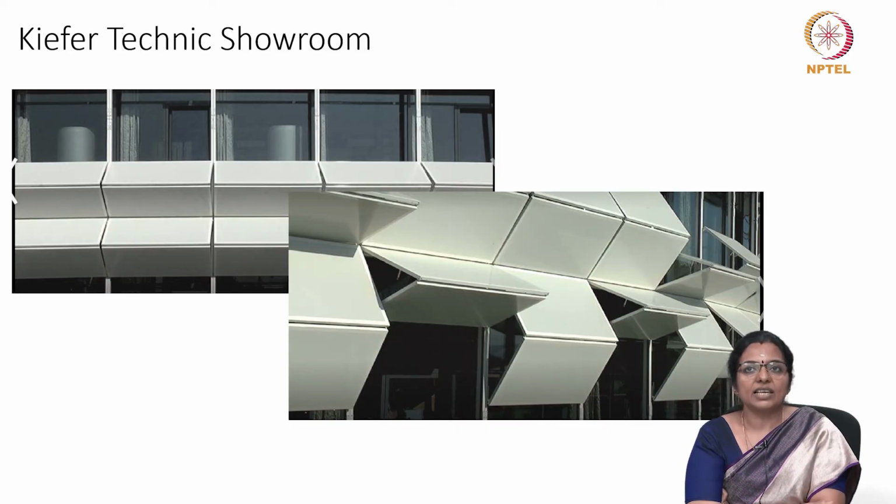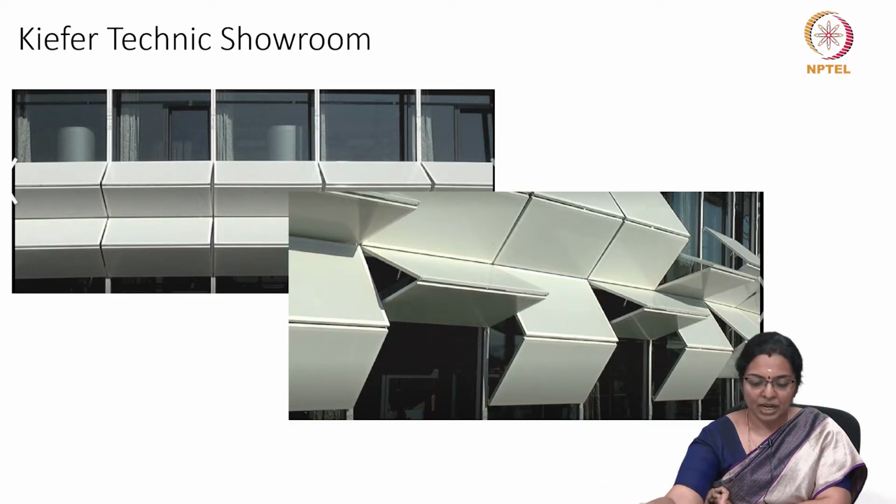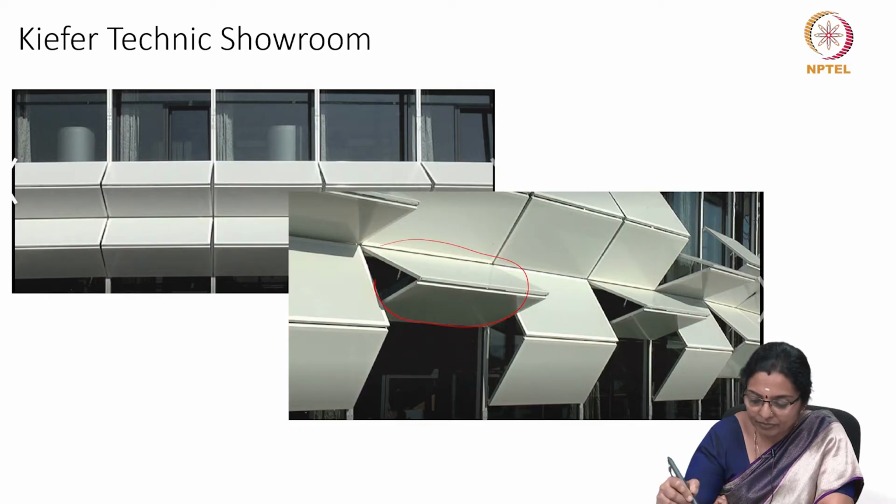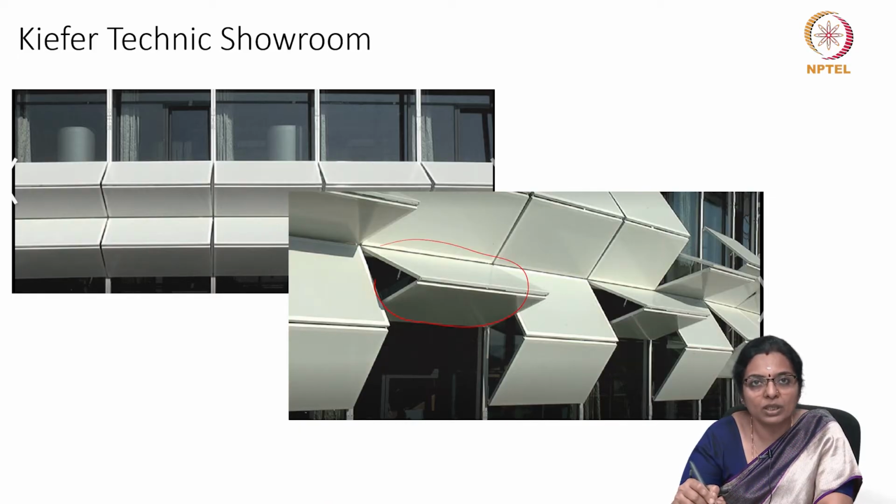Now, the sunscreen operates on electronic shutters of perforated aluminum panels. So, these are the aluminum panels which will move, or which can be positioned based on the requirement of the user.